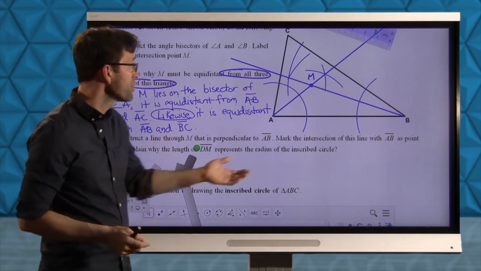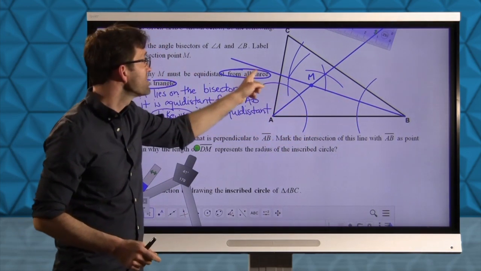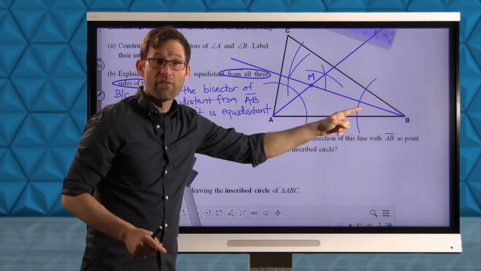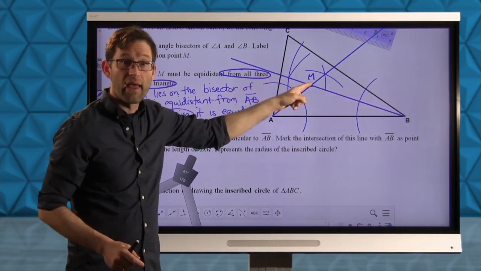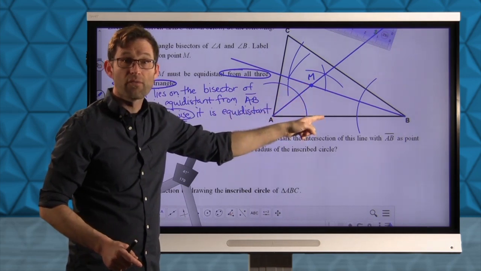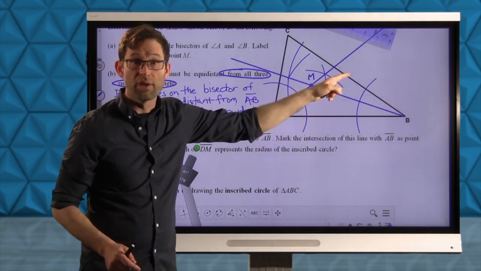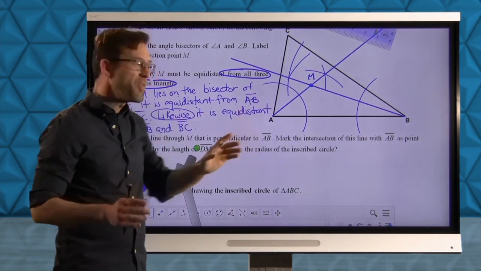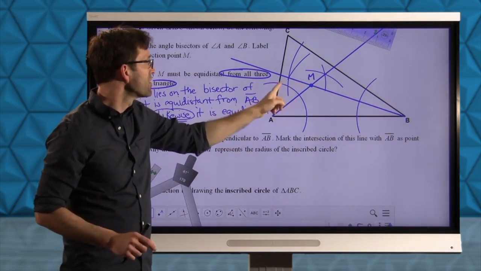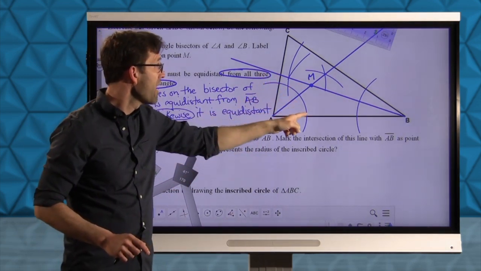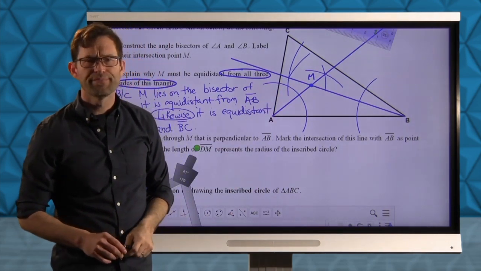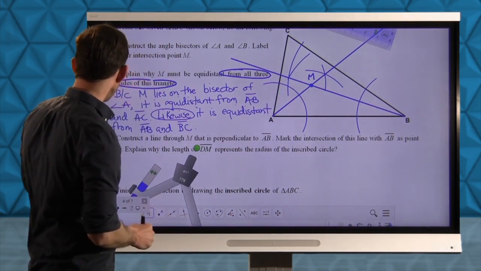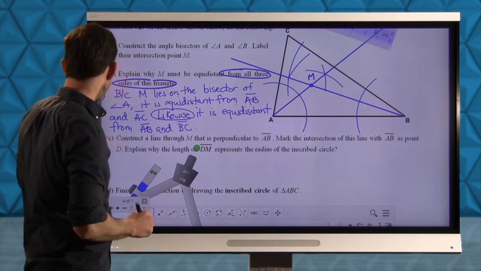This is the angle bisector of angle B, and therefore any point that lies along here, including M, must lie equidistant from the sides of the angle, i.e. AB and BC. But that means if I'm lying equidistant from AC, AB, and BC, I'm equidistant from all 3 sides. Okay, let's continue with the construction.